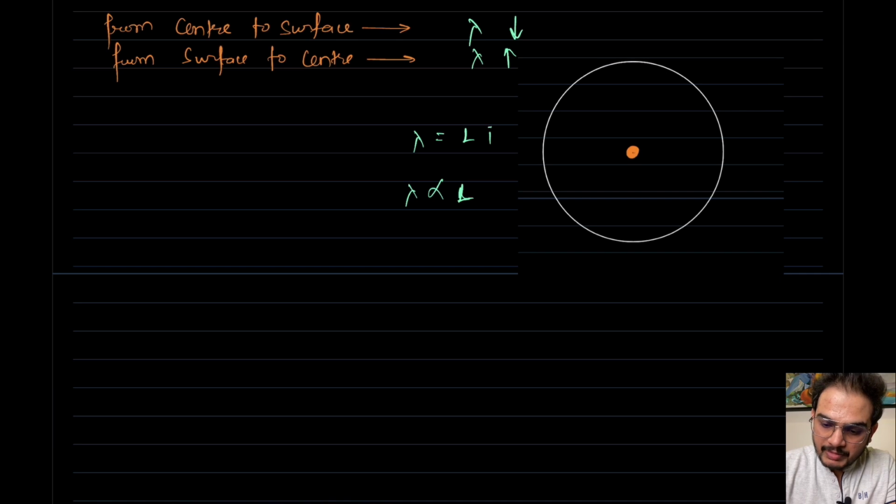At center my flux linkage is maximum. At surface my flux linkage is minimum. So when I move from center towards surface, what happens? As flux linkage is directly proportional to inductance, my inductance will decrease.